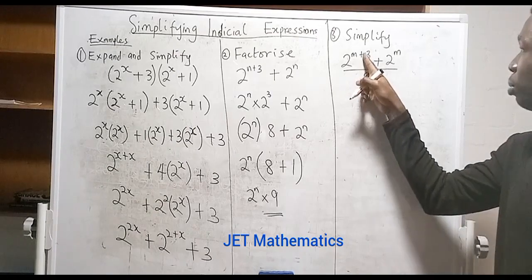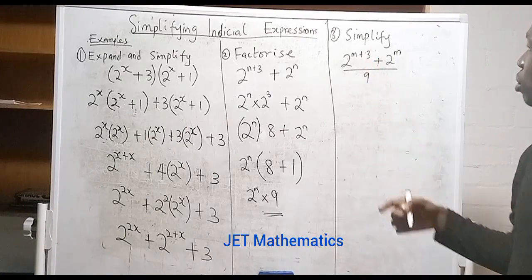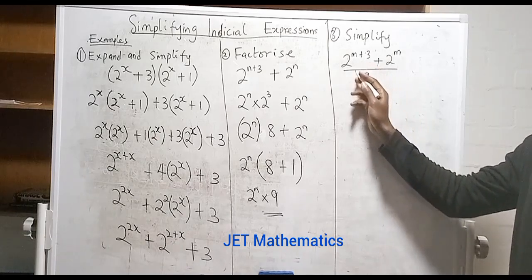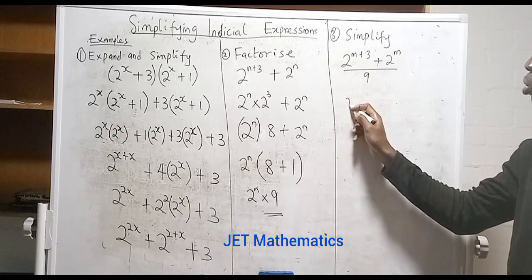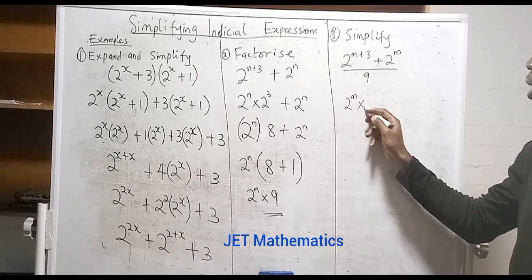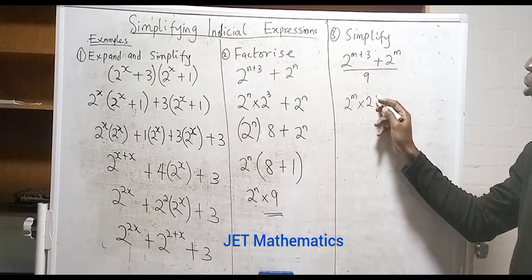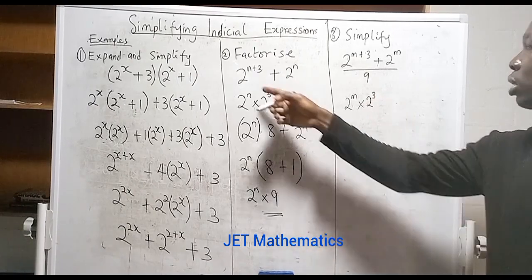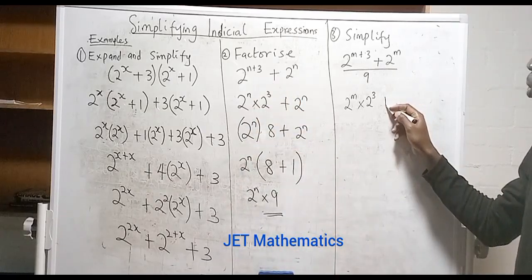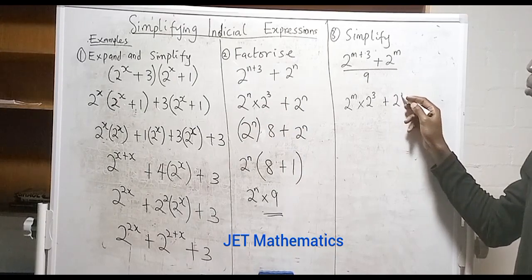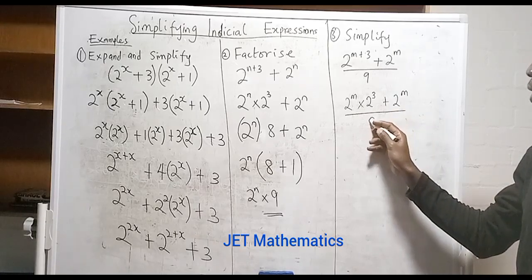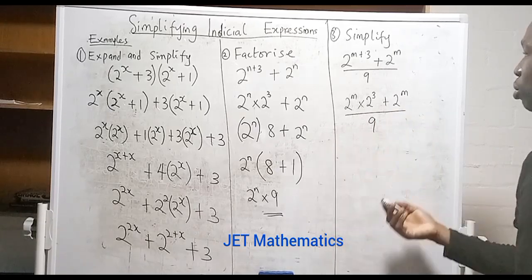So also applying the same method here, we can break this down. Okay, the best way to go about this is 2 raised to the power m times 2 raised to the power 3, just like what we did here, okay, and then plus 2^m, divided by 9. It's almost the same question.